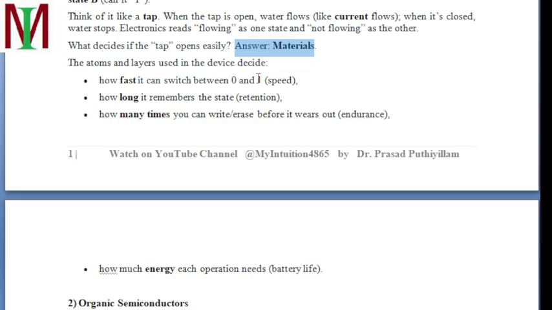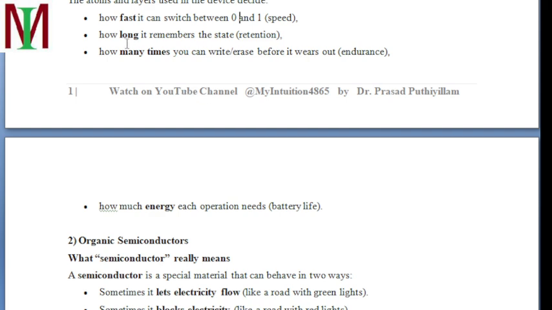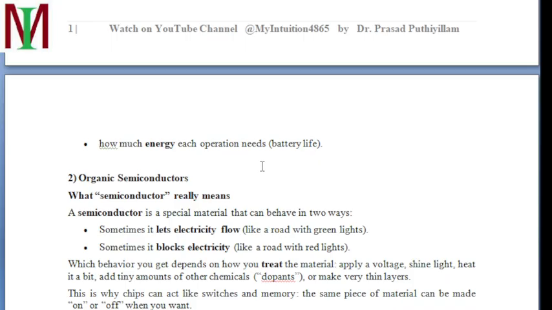That is called the speed, the retention, and the endurance, as well as the battery life of that particular electronic device. The layers of atoms will decide how fast it can flow, how long it remembers the state, how many times you can write or erase before it wears out, or how much energy each operation needs.